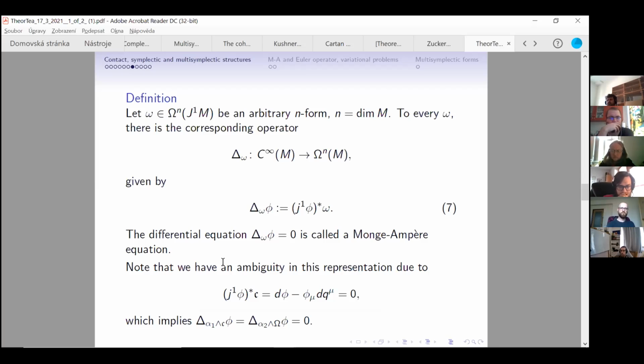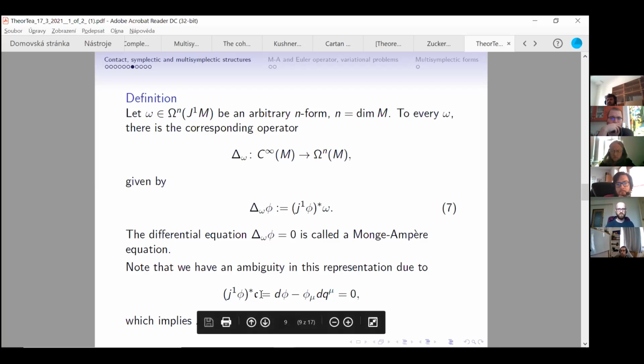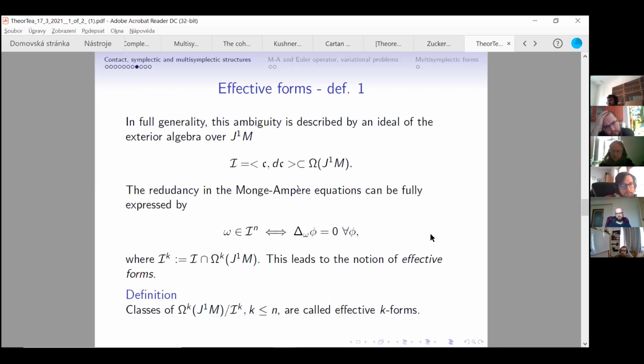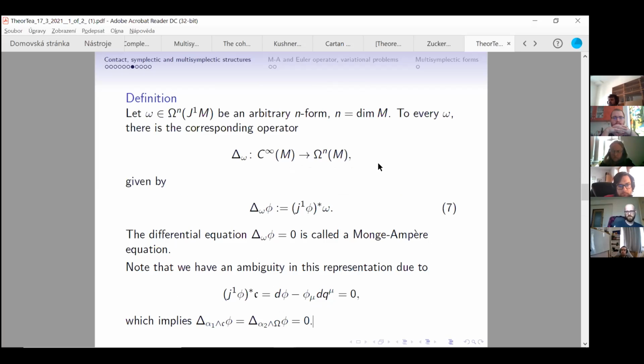And this leads to the notion of effective form. There are two definitions of effective forms. One is algebraic, or maybe cohomological. It is quite useful because it defines nicely what an effective form is. We want to get rid of this ambiguity in the Monge-Ampere operators given in the previous slide and the corresponding equations.